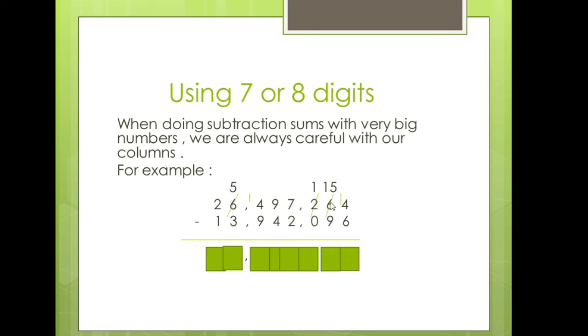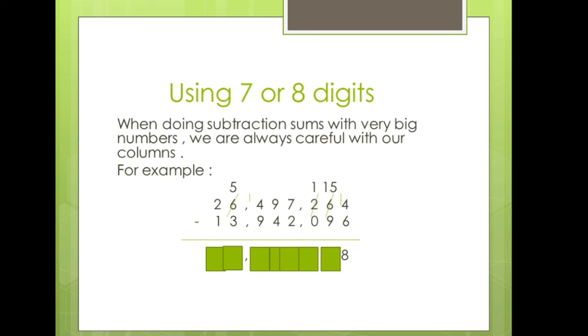So I have to borrow 1 for the first column. It was 4, now I need 1. So 6 minus 1 will remain 5, and I will take this one to this column and it will become 14. So I can subtract now 14 minus 6.